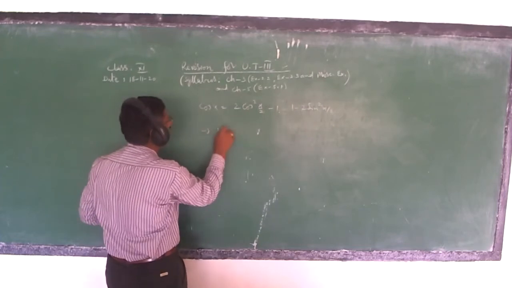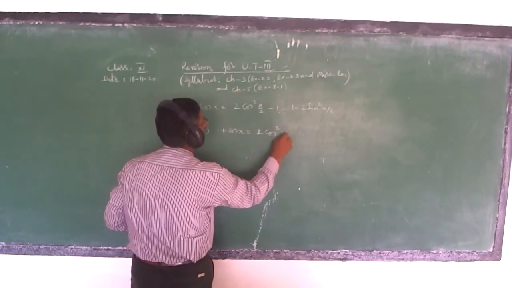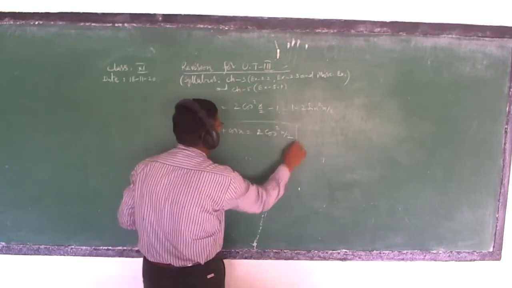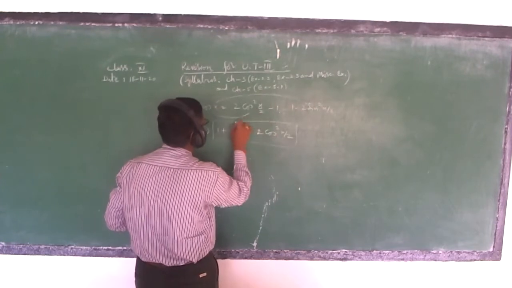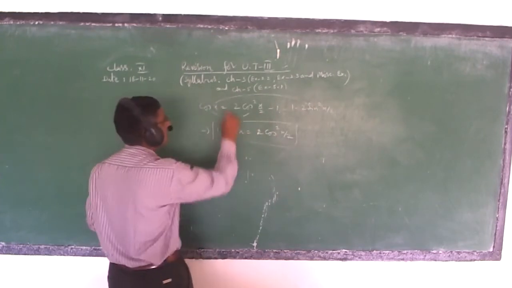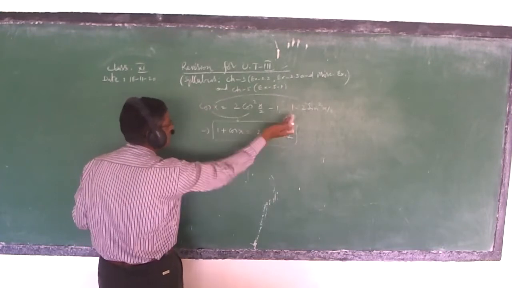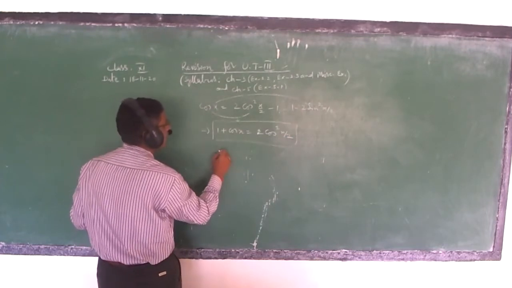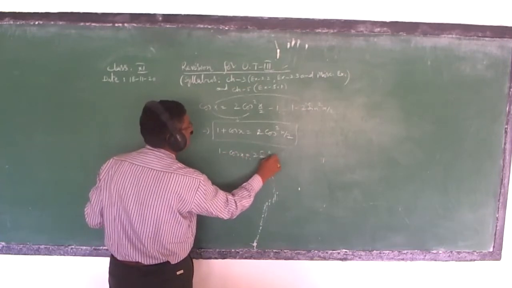This implies 1 plus cos x equals 2 cos square x by 2. This is very important to remember. Considering these two, we got cos x that side, 2 sin square x this side. That means 1 minus cos x equals 2 sin square x by 2.